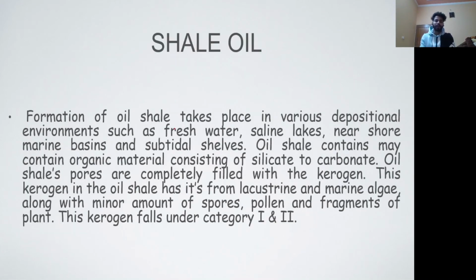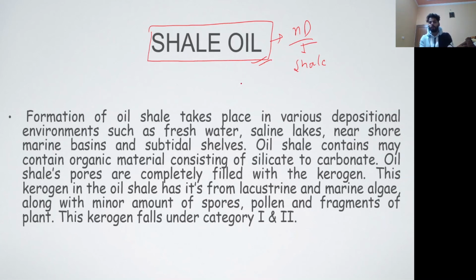Now coming on to shale oil. Just like shale gas, we have shale oil as well, which is the oil that is stored inside my shale rock. Now it's not like gas. It is present inside very low permeability, that is, on the scale of nanodarcy. My oil is inside that, and it can't flow outside.